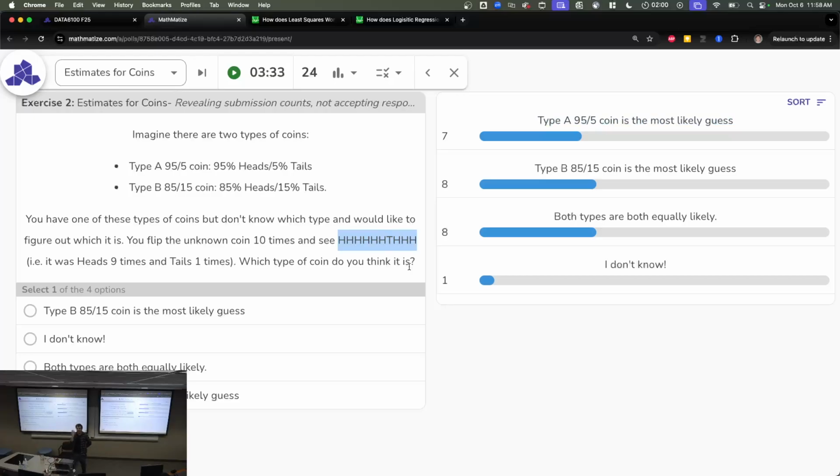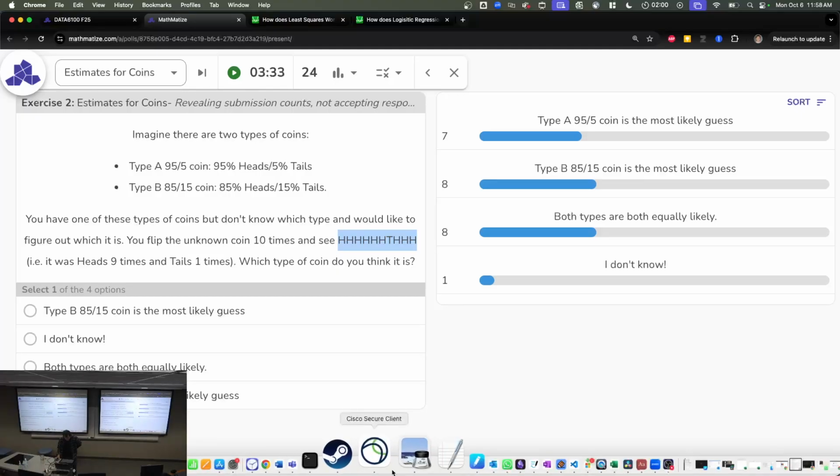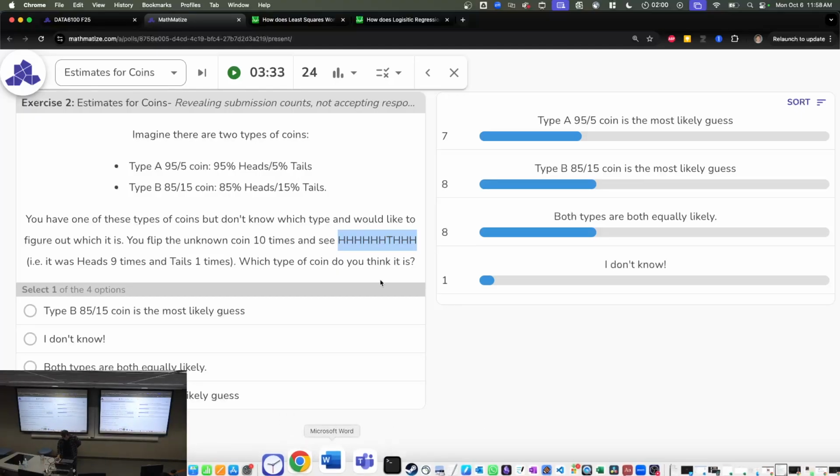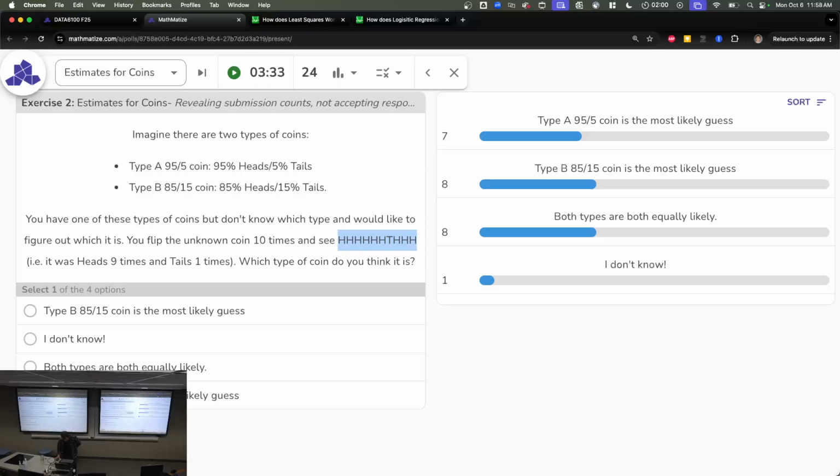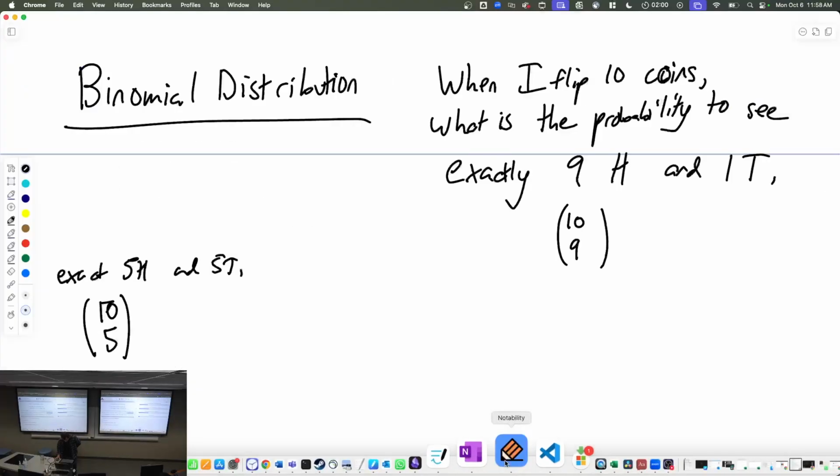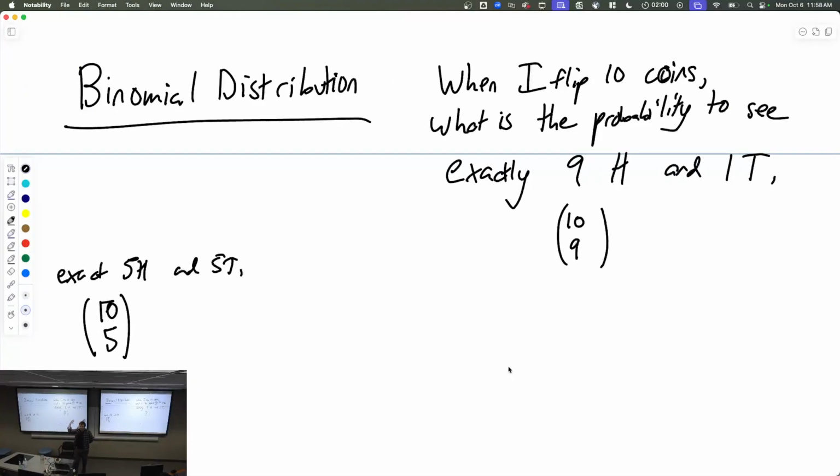So the hard part of the binomial is removed. We don't need the probability of getting exactly 9 heads out of 10 tries. We just need the probability of getting exactly this: heads, tails, heads. So it is related to binomial, but it's like the baby version of the binomial. So let's go back here. This is the right way to think about it, and this is the right kind of thing that should be percolating through your brain from high school stats.